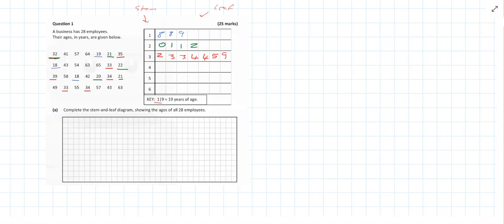Then we have a look at all the numbers that start with 4. So again, we have 41, so we put in our 1 in here. So we have 42 there, so we put the 2 in here. 43, put the 3 in there.